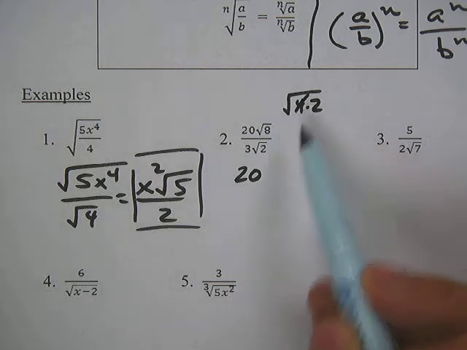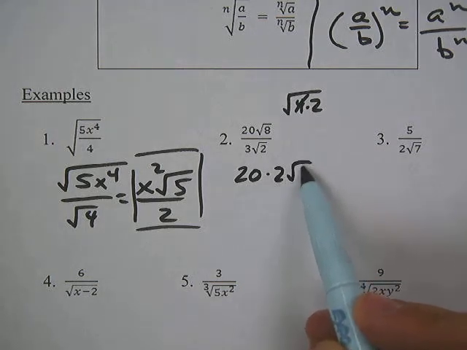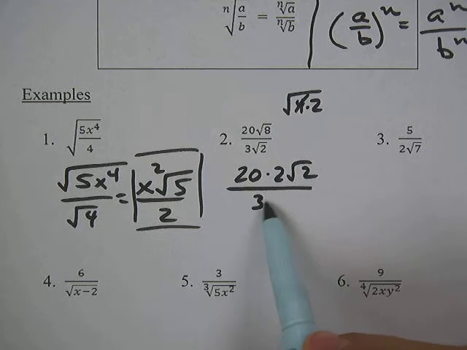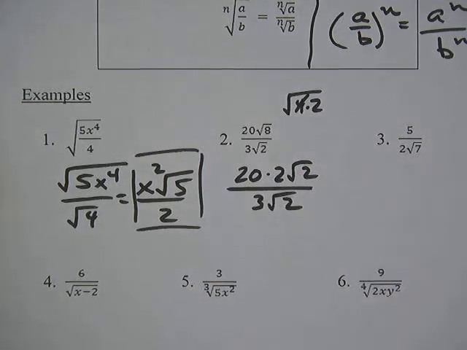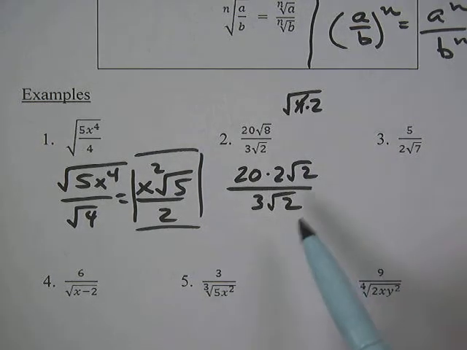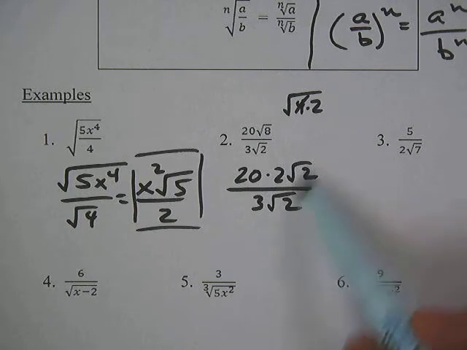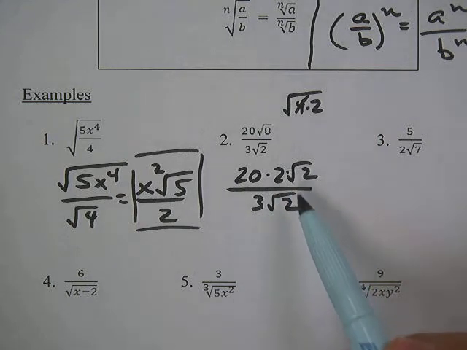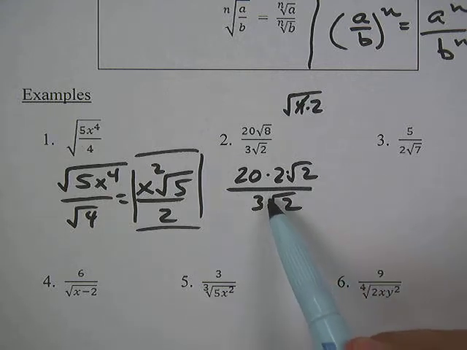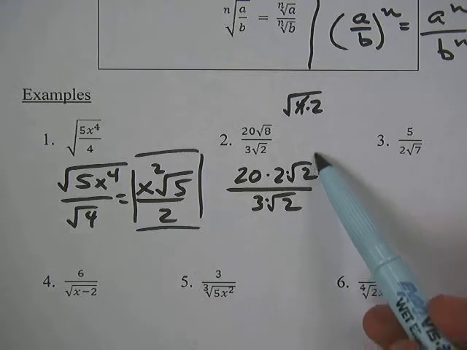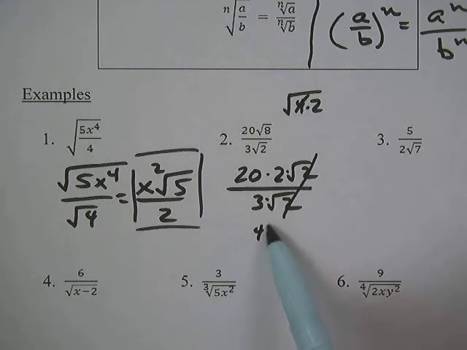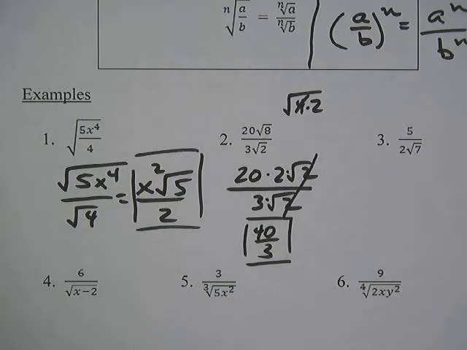Radical 8 is the same thing as 4 times 2, so the square root of 4 is 2. As I look at this, I notice I can cancel my root 2's. Why? Because when it says 2 root 2, it means 2 times root 2. Same thing here. So I can cancel those out, and I would just get 40 over 3.